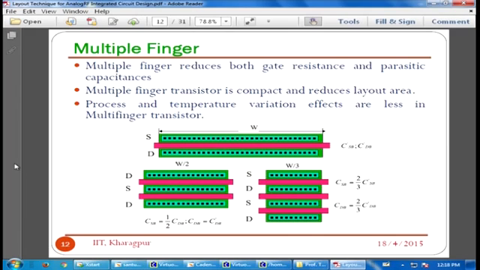Now W changes to W by 2, 2 fingers. Here 2 drains are there, 1 source is there. That's why capacitance drain to bulk is the same, but source to bulk is half because of 1 source. Here 2 sources and 2 drains. Again CSB 2 by 3 CSB and CDB is equal to 2 by 3 CDB.